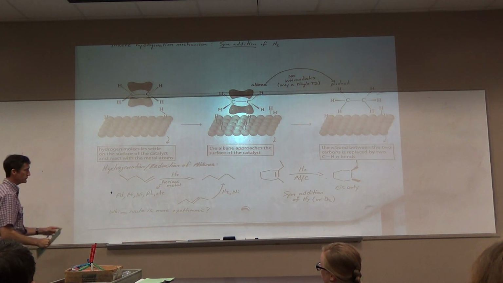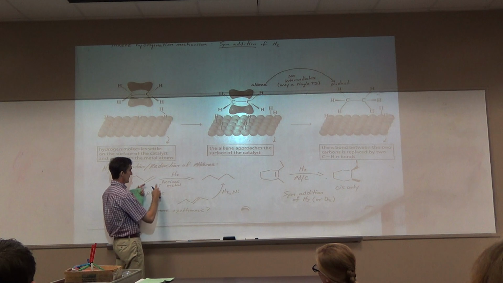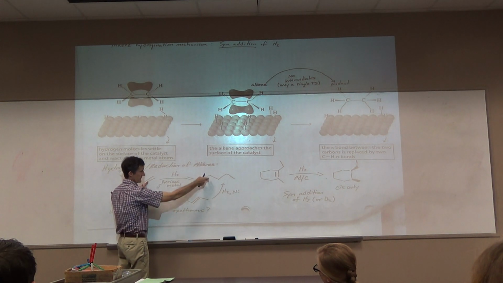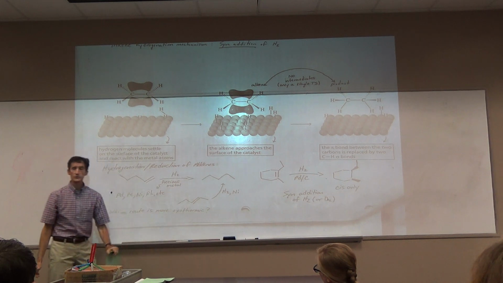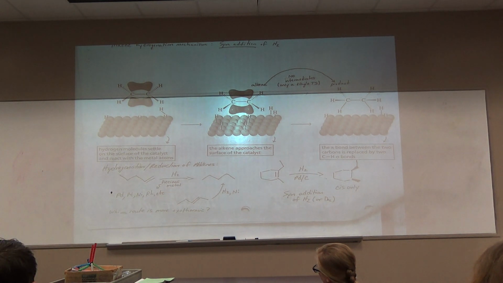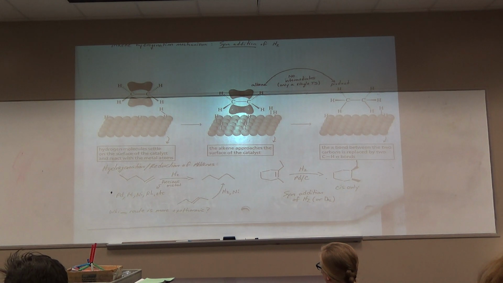Questions we could ask here. Which route would be more exothermic? This route or the bottom route? Both give the same product. Which would be more exothermic? Reaction coordinate diagrams.